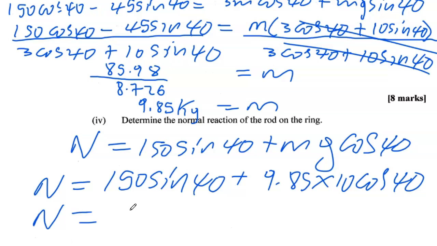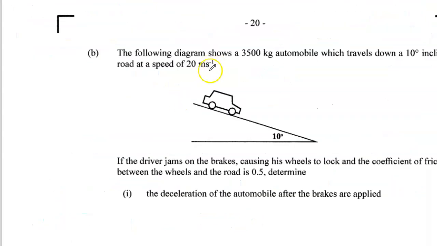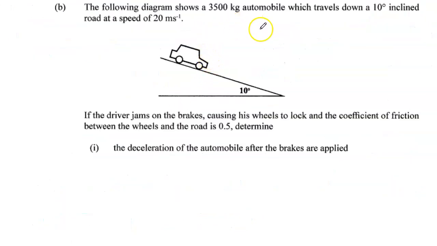So it's 150 sine 40 plus 9.85 times 10 times cos 40. And we're getting 171.87.